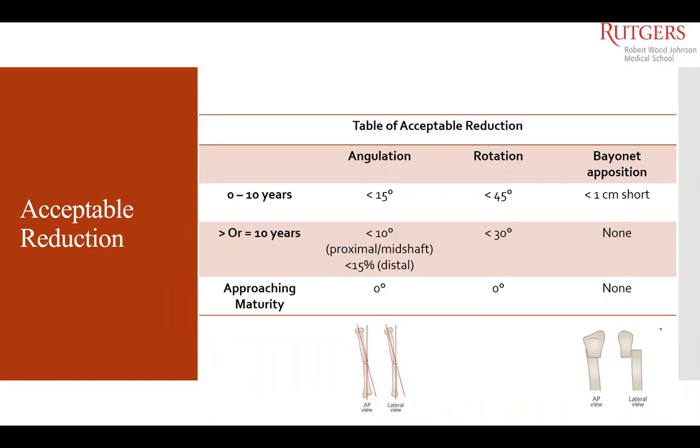Rotation, we accept less than 30 degrees, and we don't really accept bayonet apposition after 10 years. Again, some of these are flexible and controversial, and people do accept more or less depending on preferences and experience. But these are the general guidelines. As you approach skeletal maturity, you need perfect anatomical reduction to ensure adequate range of motion.